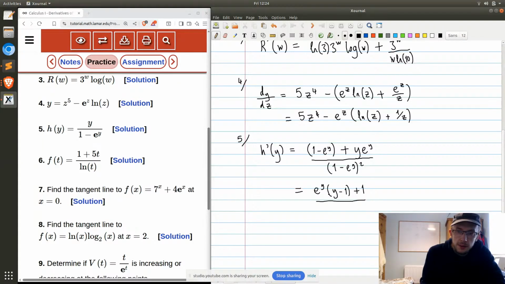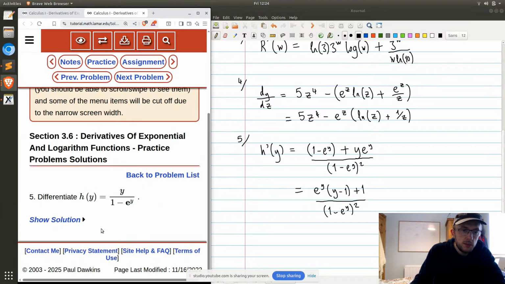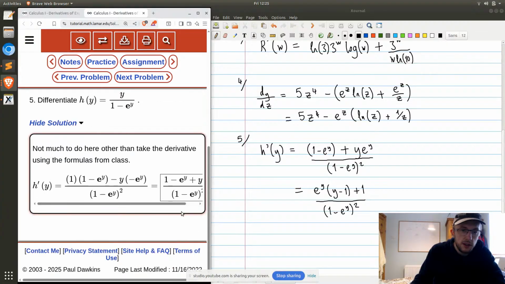Although it would be e to the 2y. Nope, just leave it alone. And that's fine. In my eyes, that's fine. Yep, the same thing as that step there.